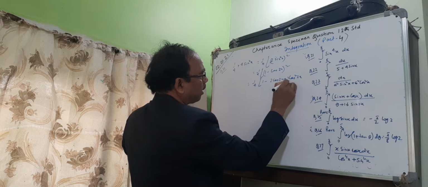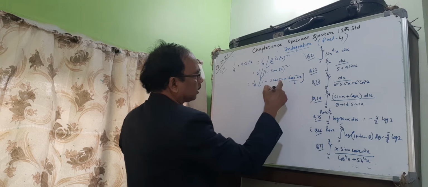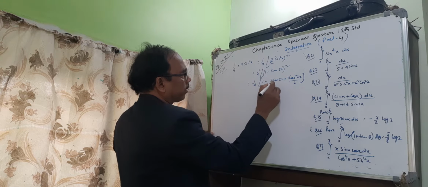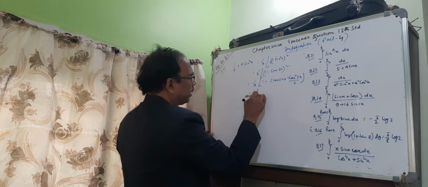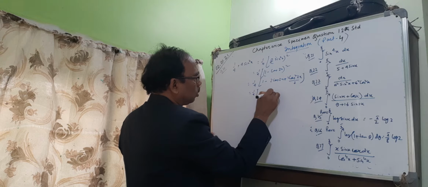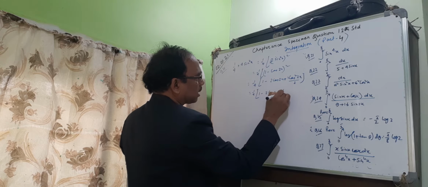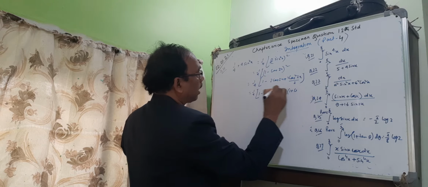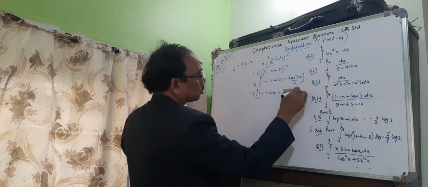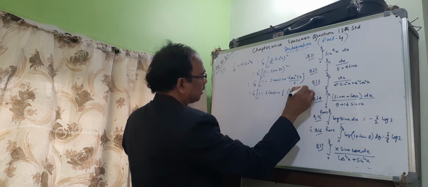We can write cos square 2x as (1 plus cos 4x) by 2. Then again 1 by 4 integration of 1 minus 2 cos 2x plus half of (1 plus cos 4x).